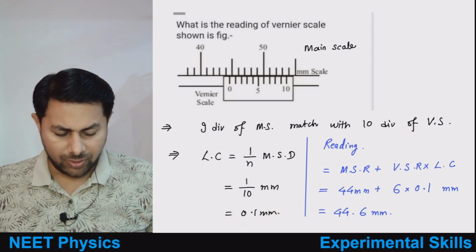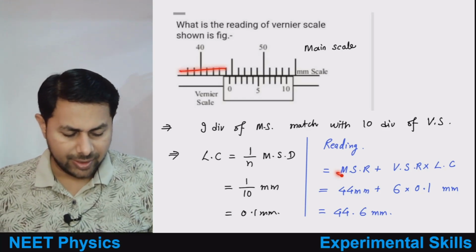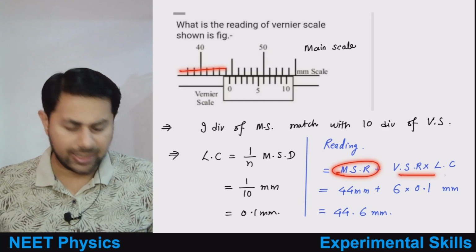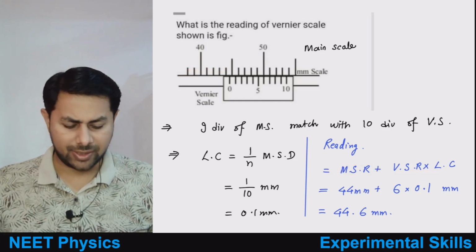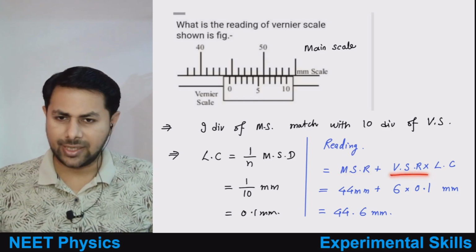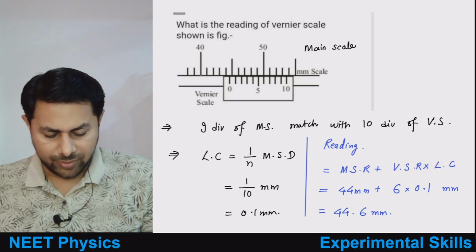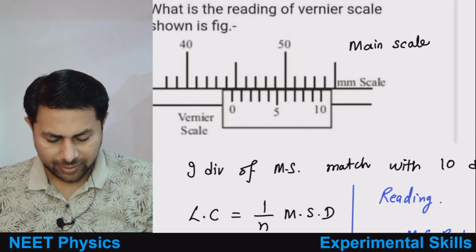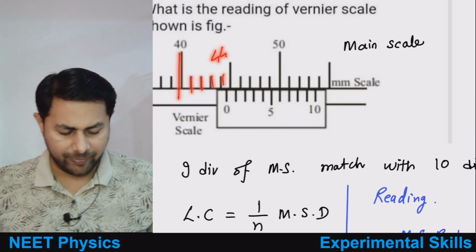Okay, so now how do we find the reading? Reading is main scale reading plus the vernier scale reading multiplied by least count. Suppose there is no error in this device, then the reading would be main scale reading plus the vernier scale reading multiplied by its least count. So main scale reading we have seen is equal to 40 plus 1, 2, 3, 4, that means 44 mm.